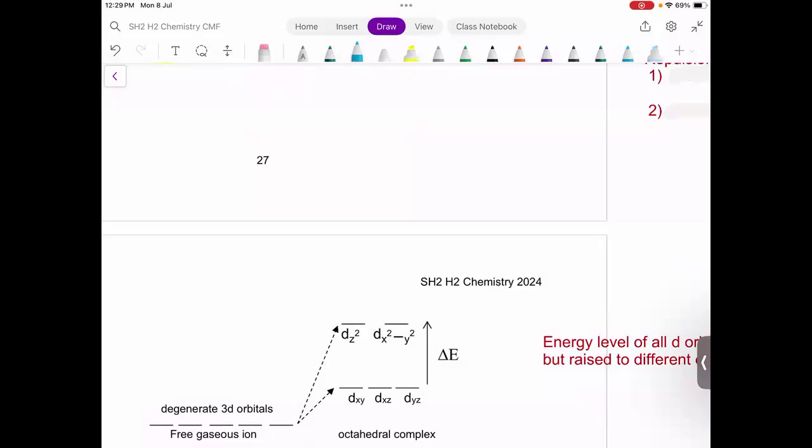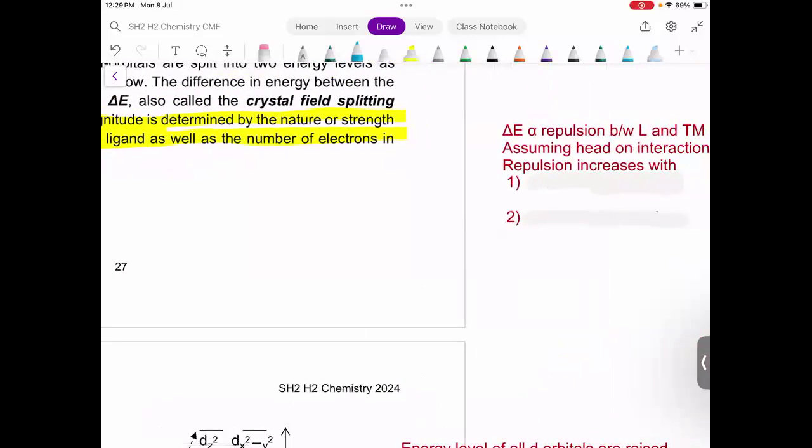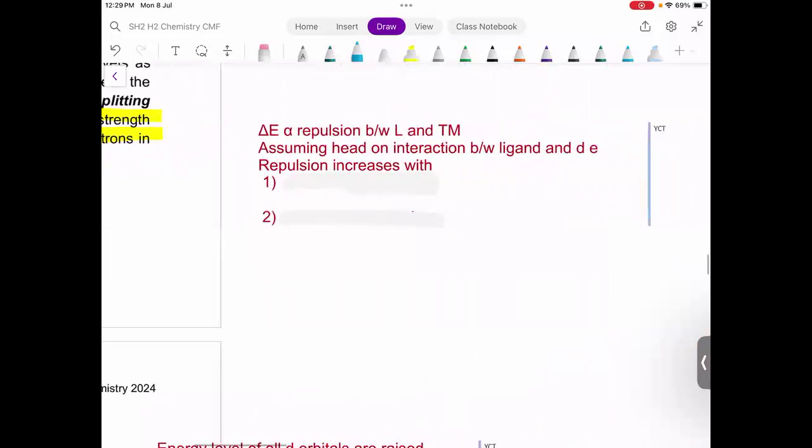Is it logical for you to deduce that the number of electrons in the d orbitals affects delta E? Why? What do you think? The number of electrons in the d orbitals is related to oxidation number.